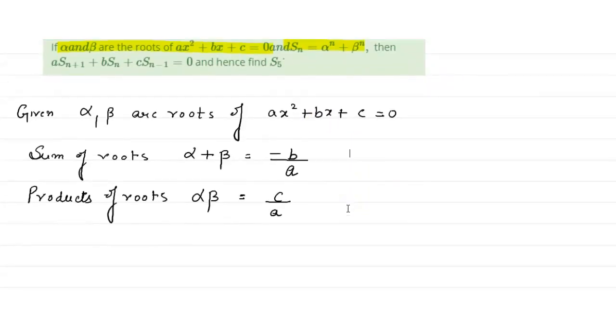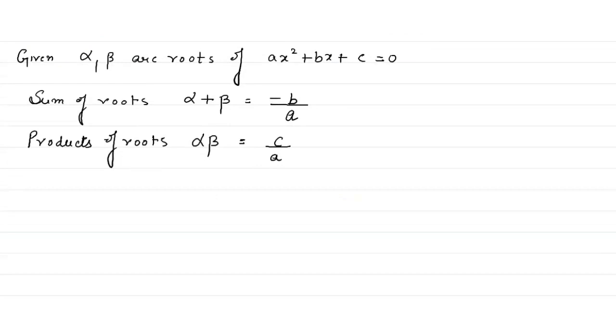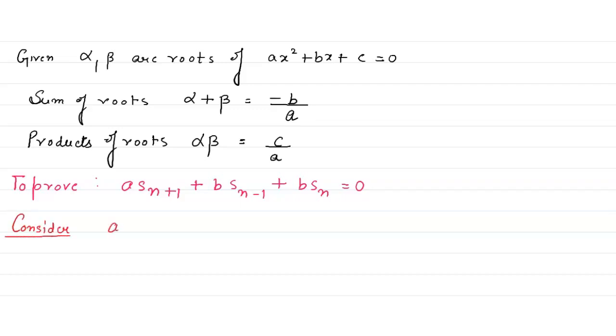Now what we need to prove? To prove a Sn plus 1 plus b Sn plus c Sn minus 1 is equal to 0. So what we'll do, consider a Sn plus 1 plus c Sn minus 1.